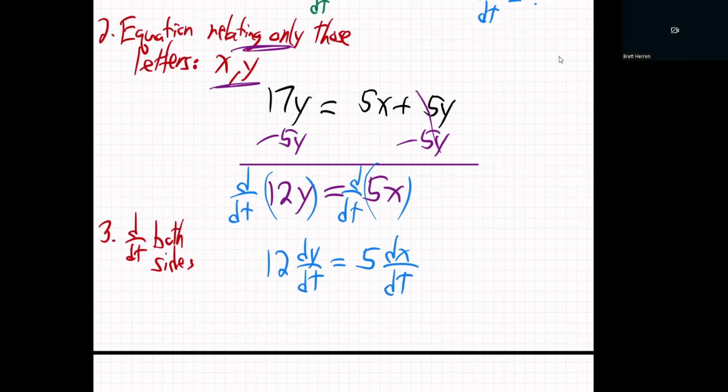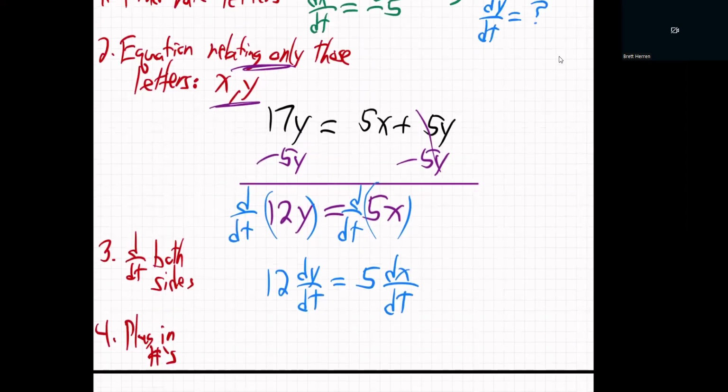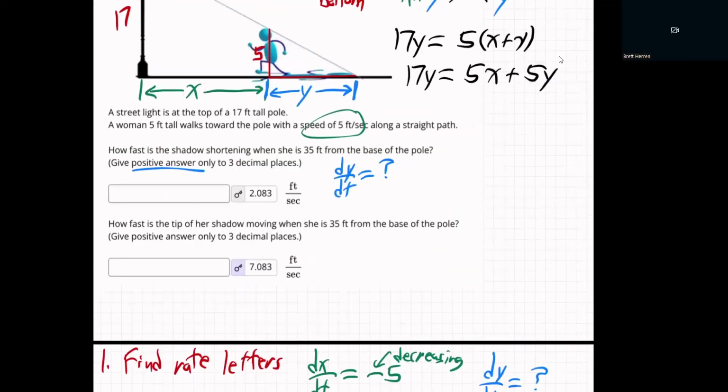Okay, so step 4, plug in the numbers. Well, do we know dx dt and dy dt? I mean, we're probably trying to find one of them. So let's go take a look.